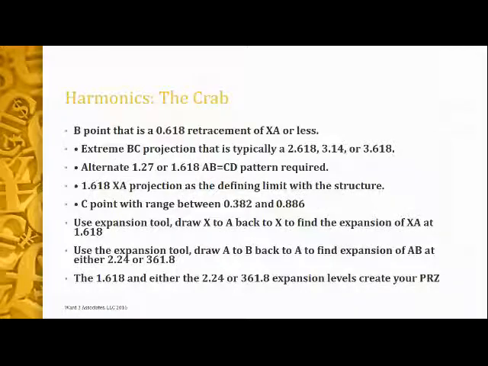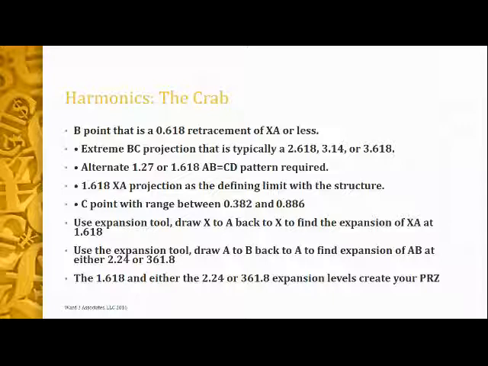So what you do is you use the expansion tool and you draw XA back to X to find the expansion of XA at 1.618. And that's where you mark the D. You then use the expansion tool on ABA to find the expansion of the AB at either the 2.24 or the 3.618, which is also D. Okay?